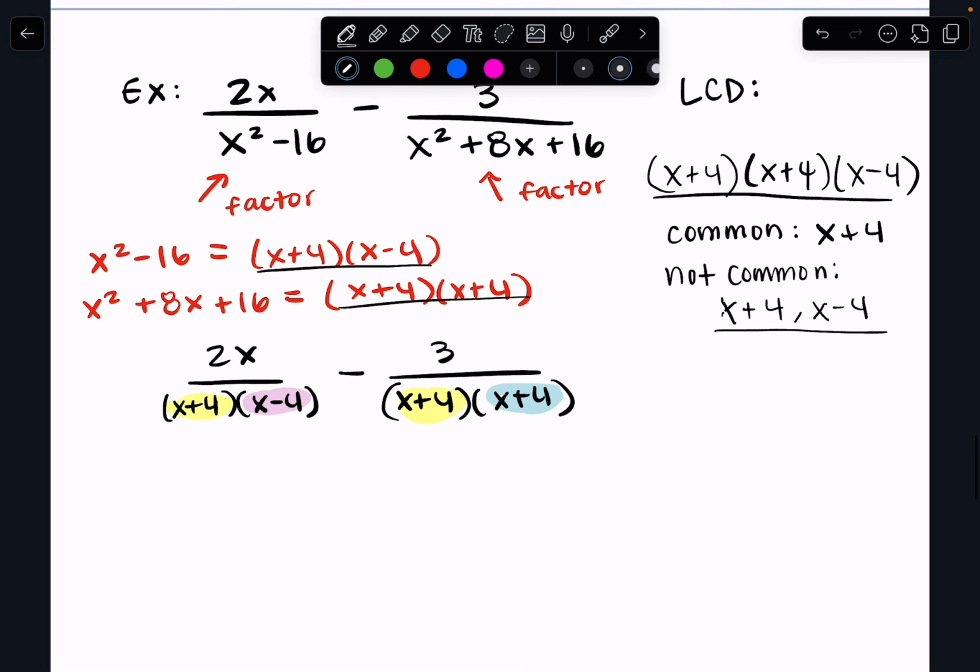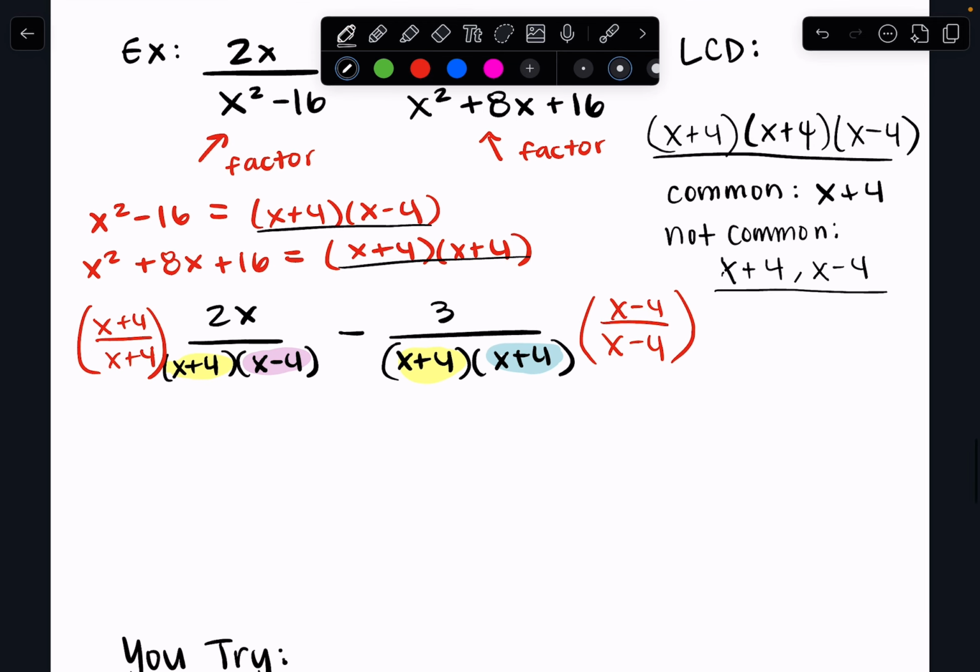All right, and so what we have to do now is multiply what we're missing. So this fraction is missing an x plus 4, and this one is missing an x minus 4. So I'm going to go ahead and just rewrite my denominator. We have x plus 4 times x plus 4 times x minus 4.